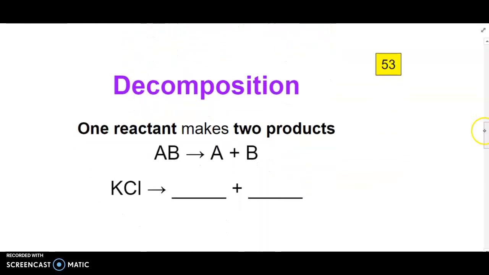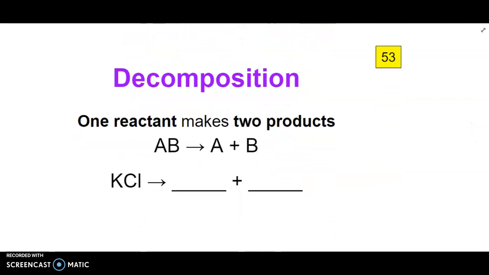Type 2 that we talked about was decomposition, and decomposition is when one thing breaks up to become two. Again, I'm just going to label A and B. I know that when they break up, A goes on the first line and B goes on the second. So K is the first one and Cl is the second one.